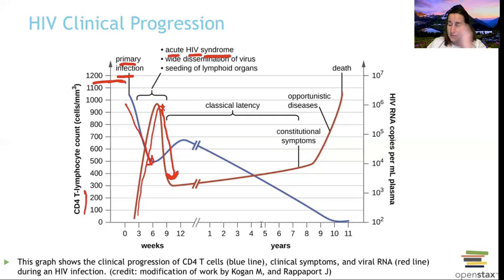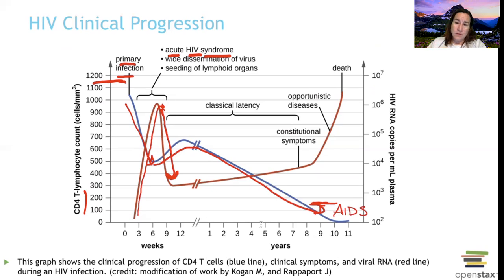At some point, assuming that you were not able to get the drugs or treatment, maybe you didn't even know you had this because you were never diagnosed, we can see the T cell number and look how low it's dropping. When it gets below 200, we officially progress from HIV to acquired immunodeficiency syndrome, AIDS.